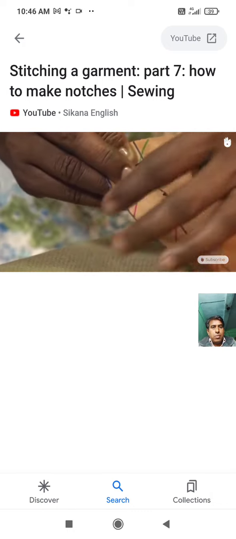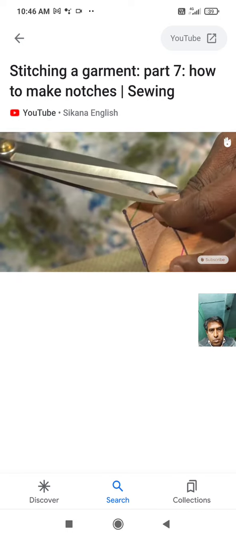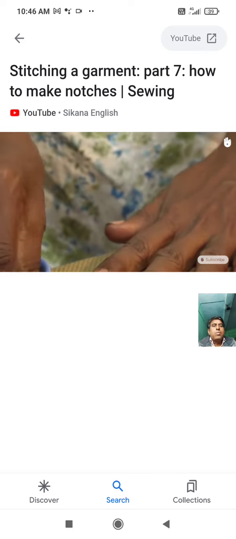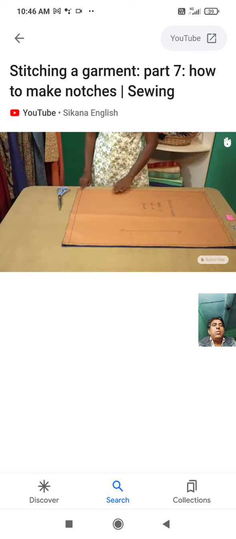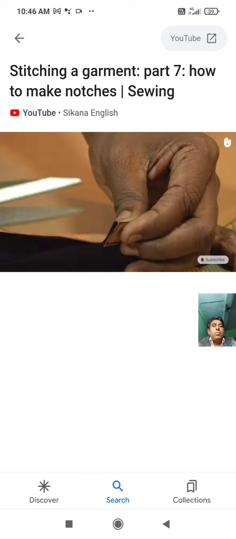Pinch the pattern and the cloth at the end of each seam and hem line using a scissor. Snip off a little part of the pattern and the cloth. These notches mark the seam and hem area after the pattern is removed.